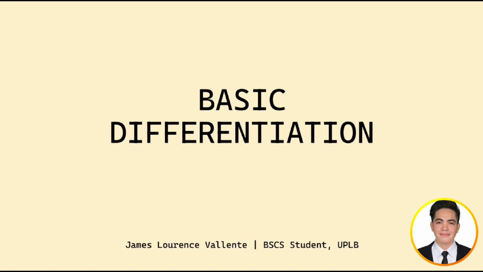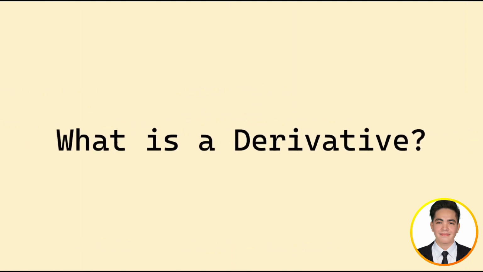So yung pag-uusapan natin is yung basic differentiation, paano mag-solve ng basic derivatives using the rules we will be talking about later. So let's proceed. So first of all, what is a derivative?